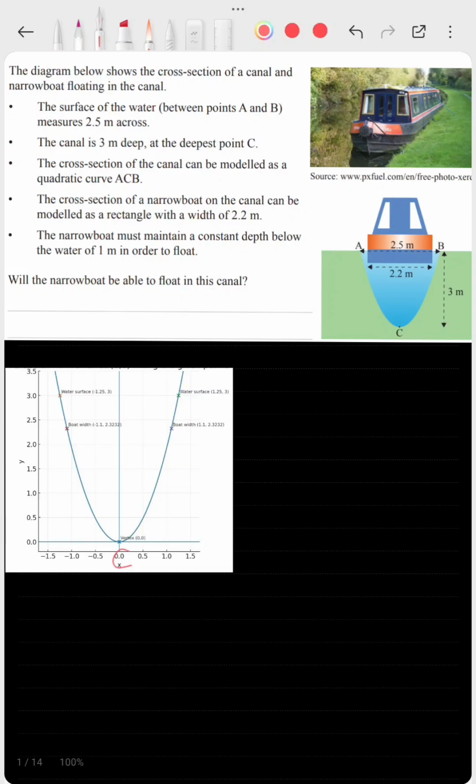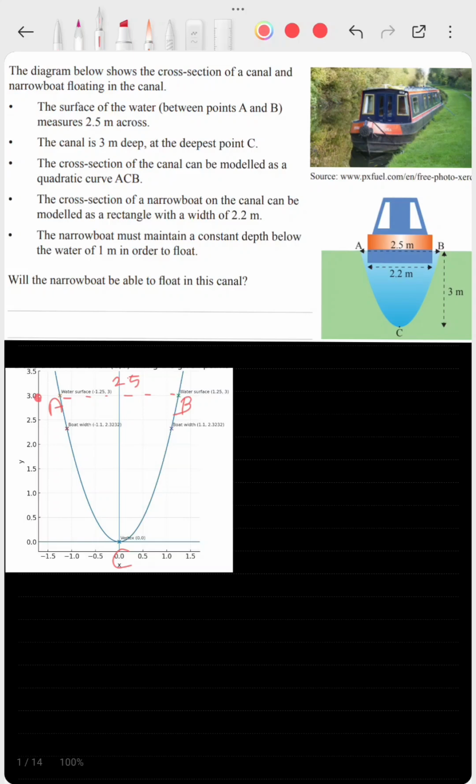And since the canal is 3 meter depth, the water surface is at y equal 3. So this point, and the surface of the water, that means AB, it measures 2.5 meter across.